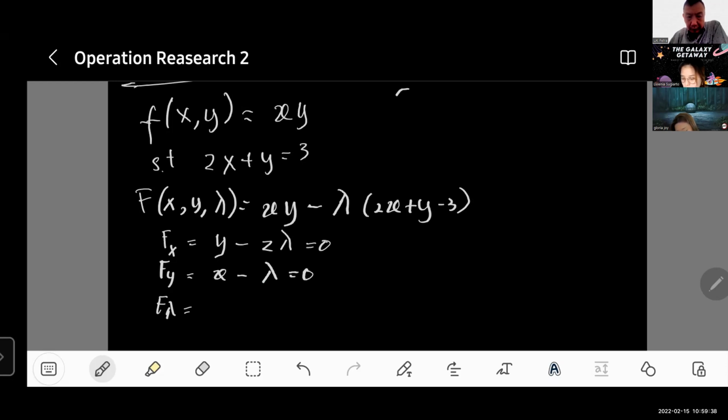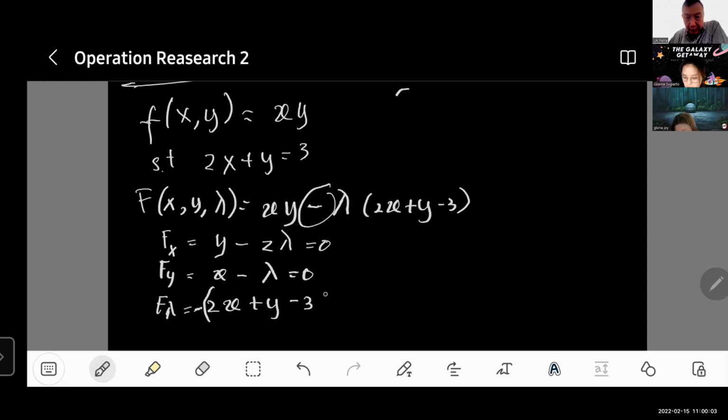And then the last one is the derivative with respect to lambda, so the objective function is no more, minus 2x minus y plus 3.